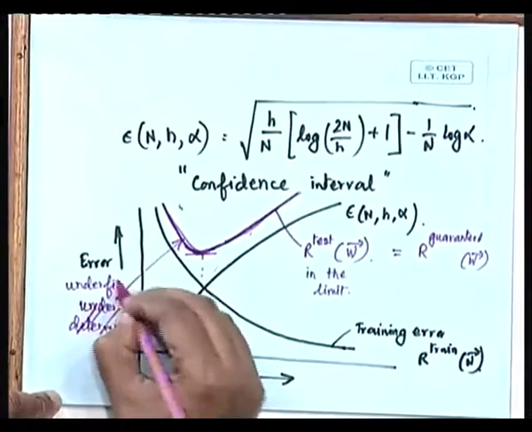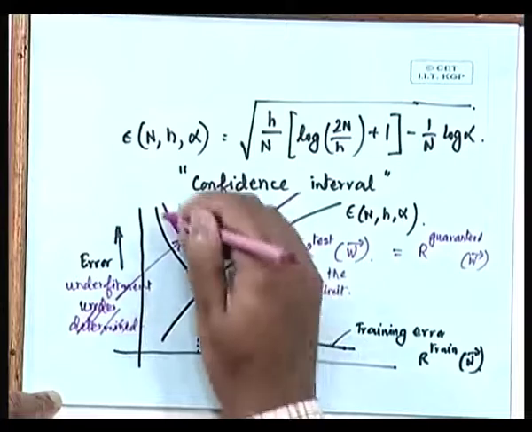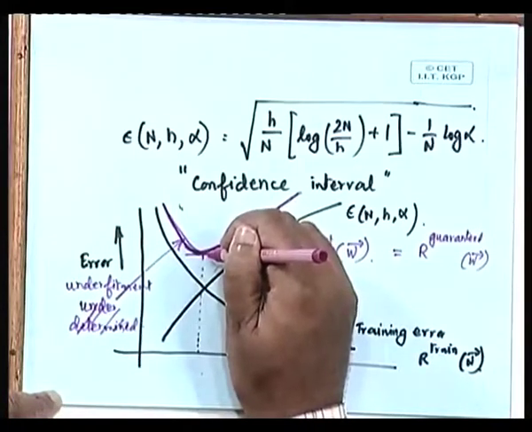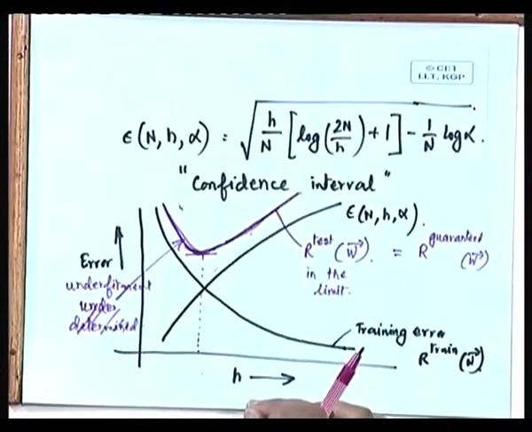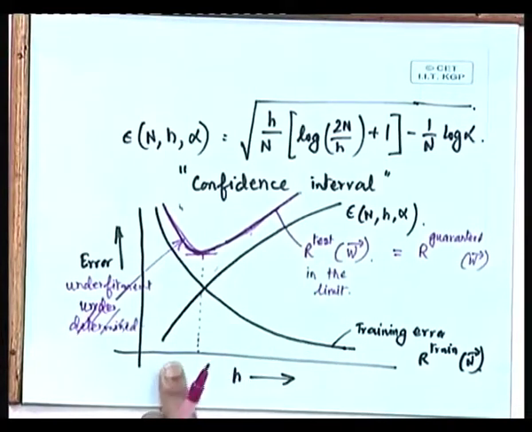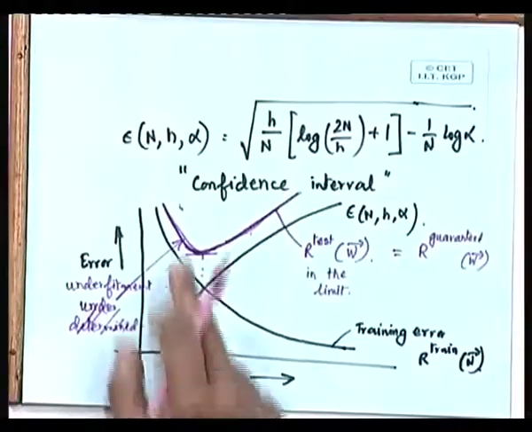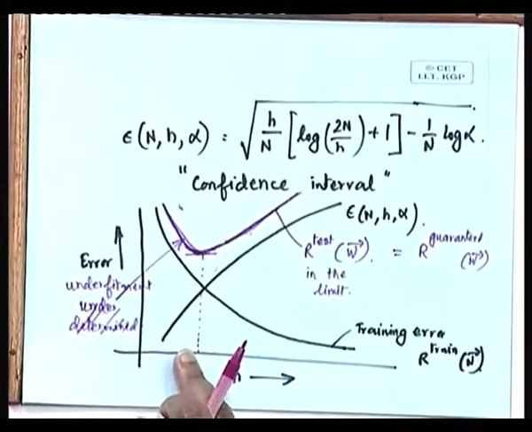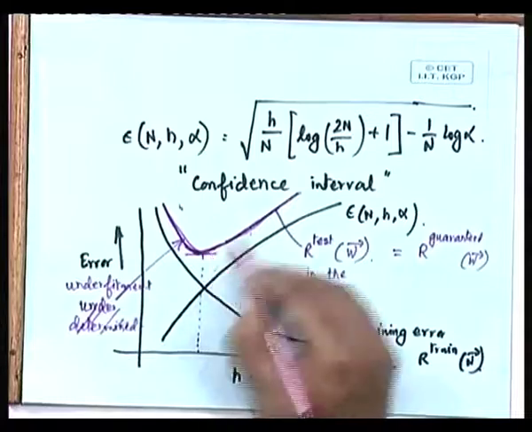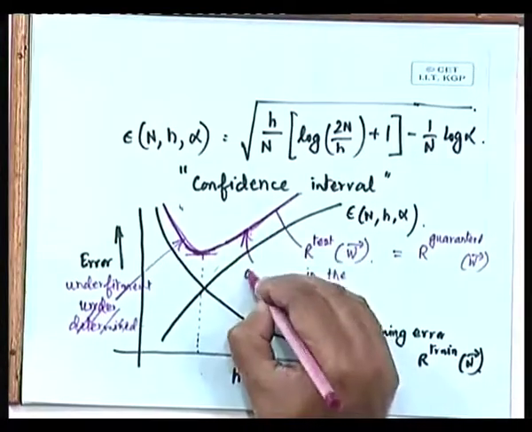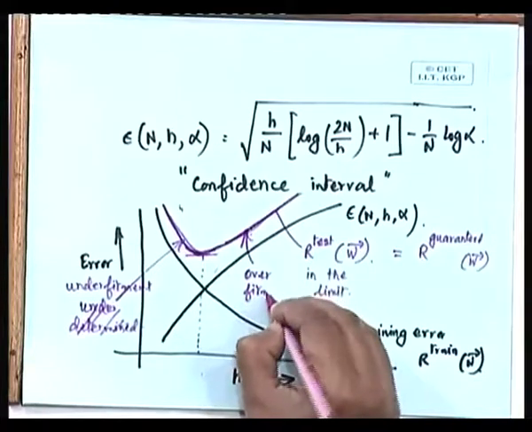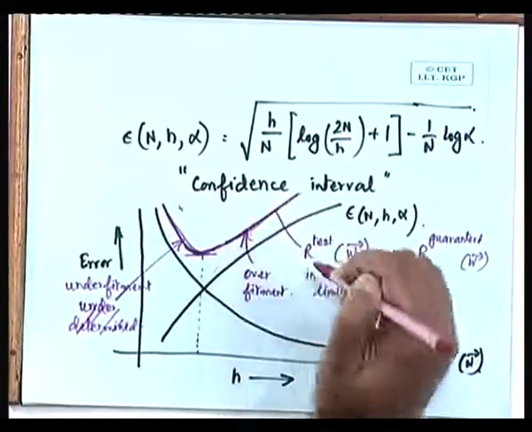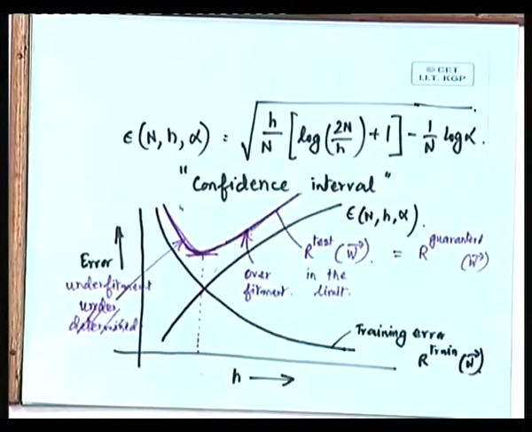So, here this underfitment problem is happening in this region, because as if to say that the network is inadequate, the H is very low, and H very low means that the network is inadequate to learn these things, or rather to say that we haven't exploited the full capabilities of the network, whereas this one leads to the problem of overfitment. So, this is the overfitment problem. This one is the underfitment problem, and here we have the point of minimum.